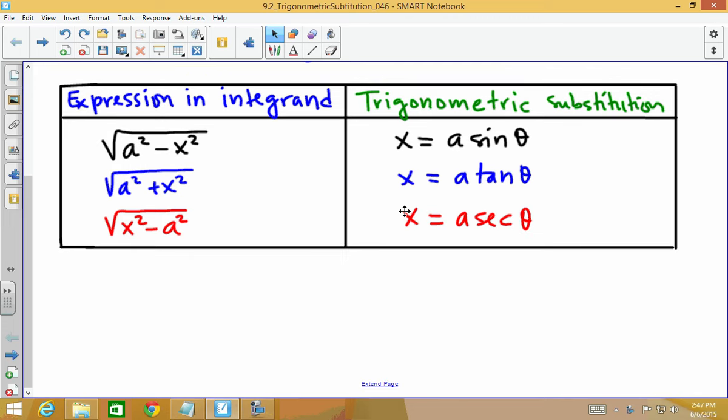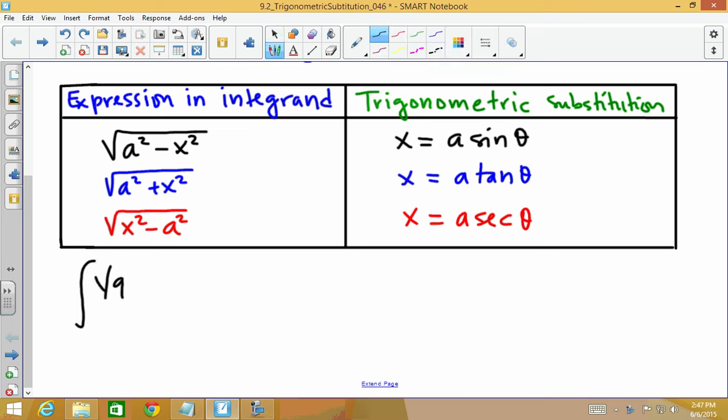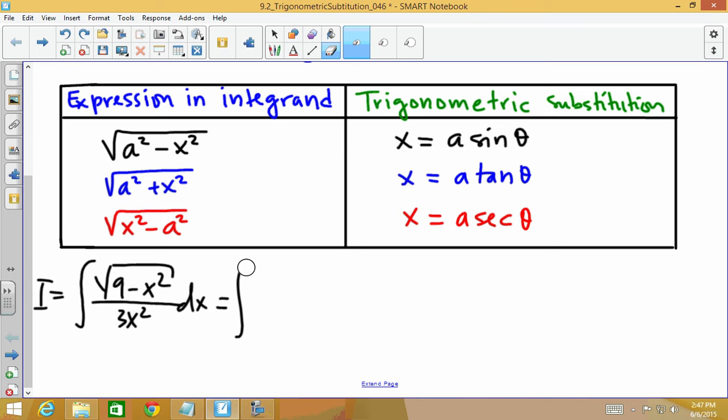So we have the integral of square root of 9 minus x squared divided by 3x squared dx. Let's call this integral I, so that we don't have to keep rewriting the whole integral all the time.